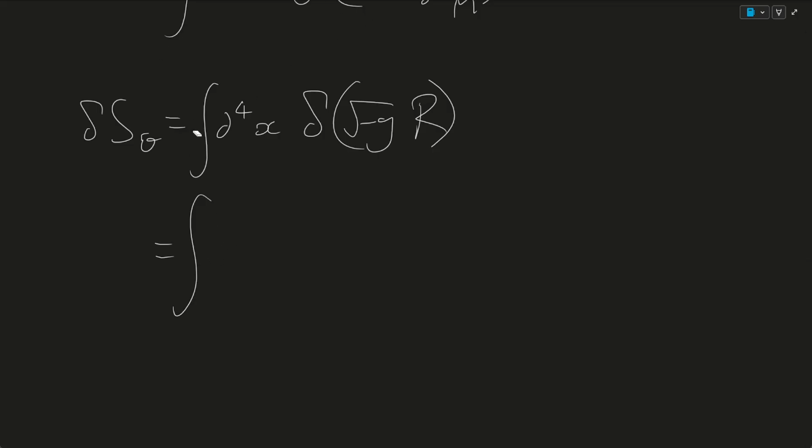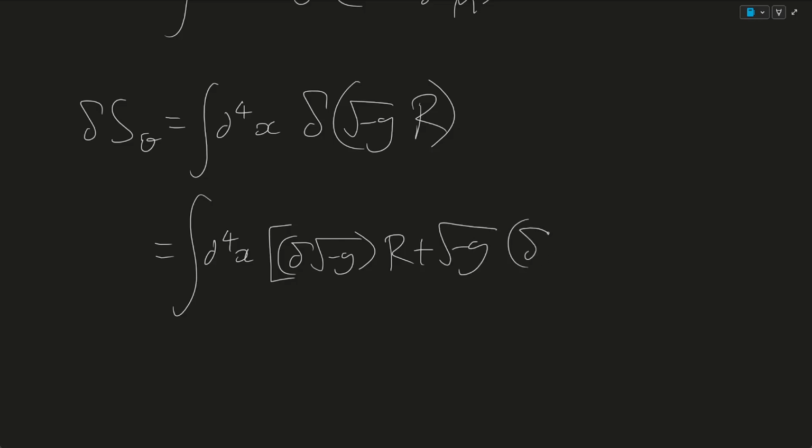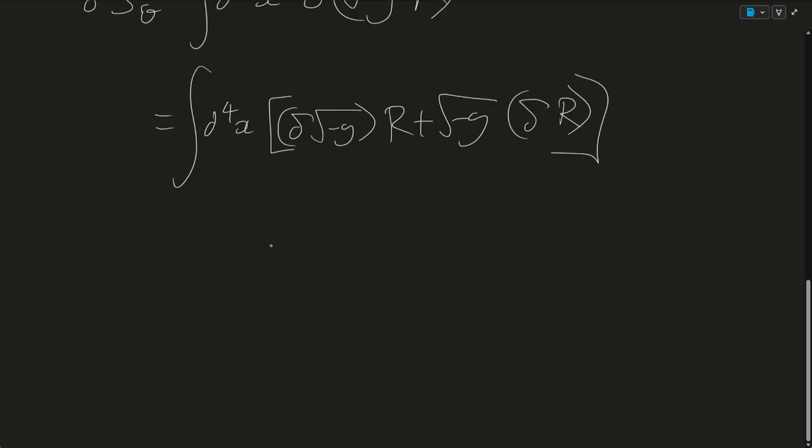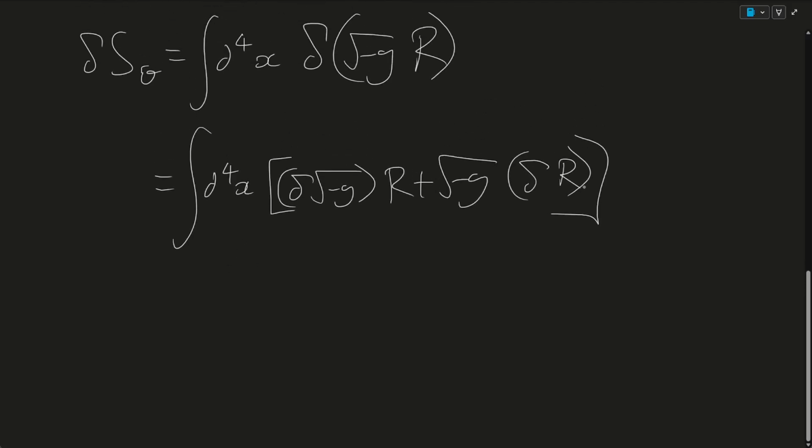Delta of root minus G times R plus root minus G delta R. Cool. With R being our Ricci scalar.